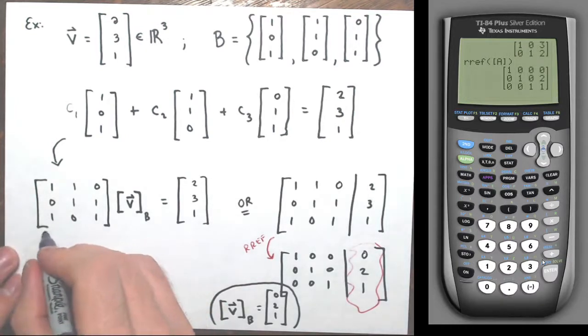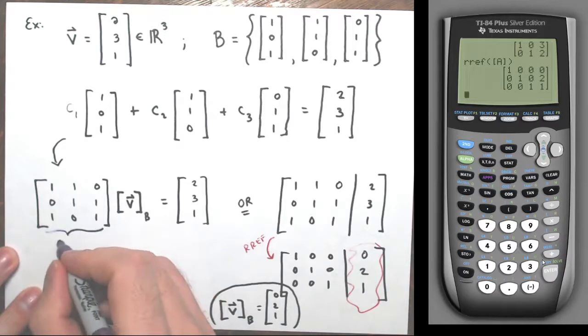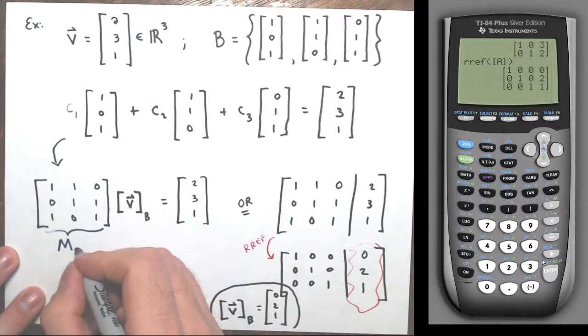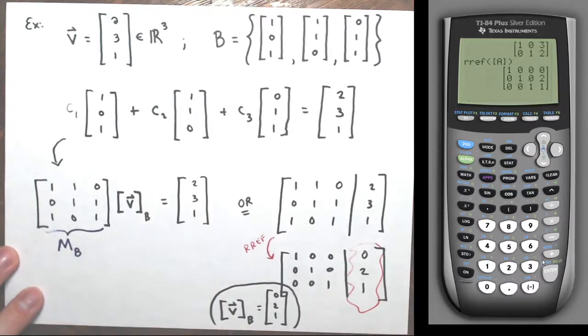Now, another way you could do this. Remember I called this thing here the matrix M with respect to basis B. This is a square matrix, and since this system should have a solution, every vector in a vector space should be able to be written as a unique linear combination of the vectors in a basis.